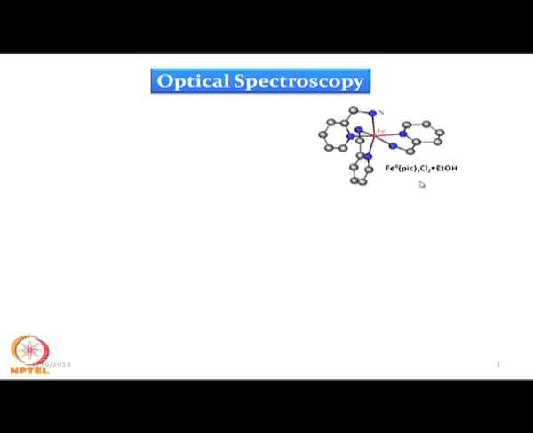One such example is the tris picolylamine compound of ferric iron, giving us one iron and three picolylamine molecules. The picolyl amine group is not picolinate; it is a pyridine ring and then CH2NH2.